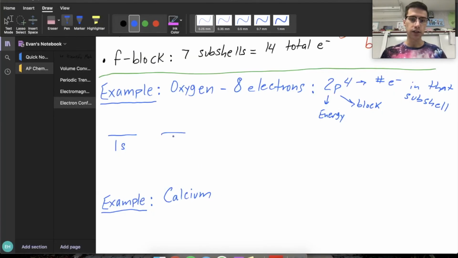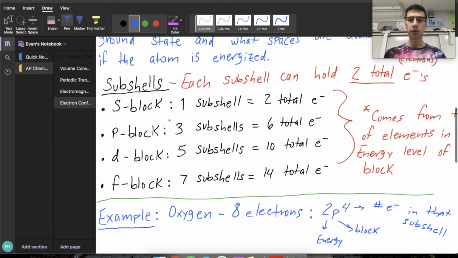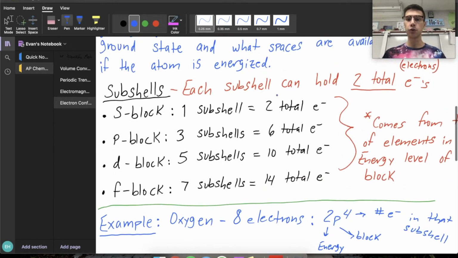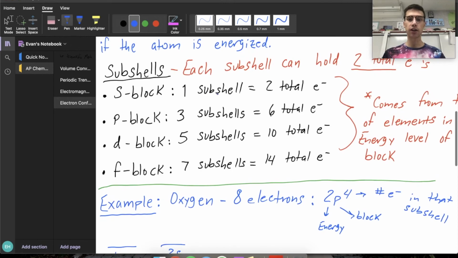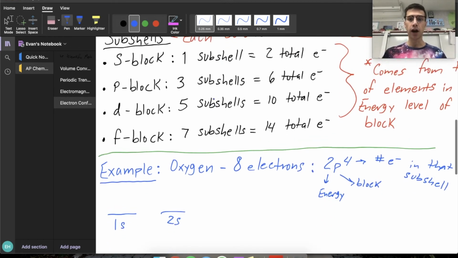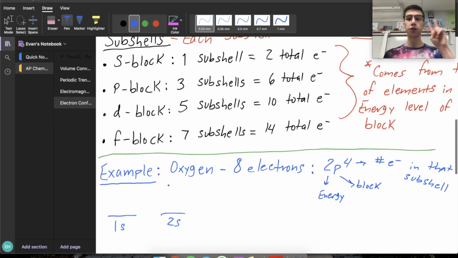So next is 2s. And again, I only know there's one subshell for both of these because each subshell can hold 2 electrons. So s blocks have one subshell per energy level, but each of these subshells can hold 2 electrons.